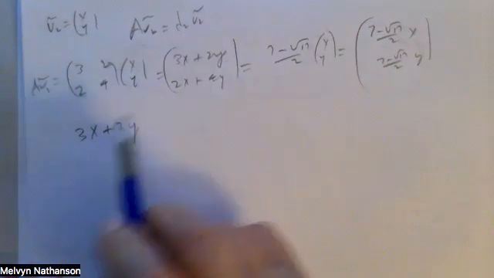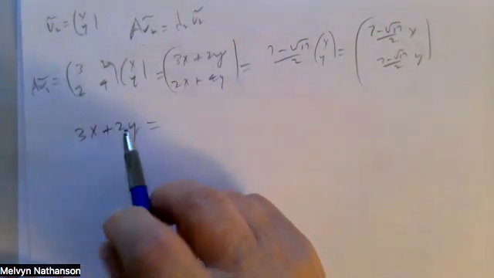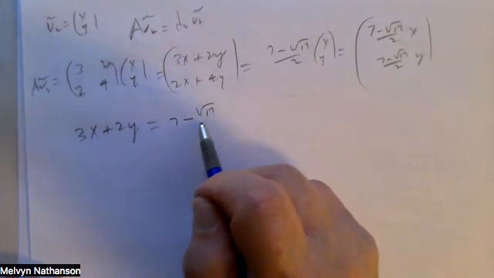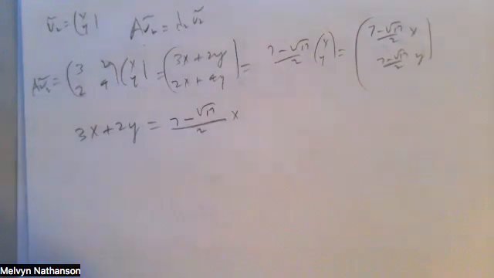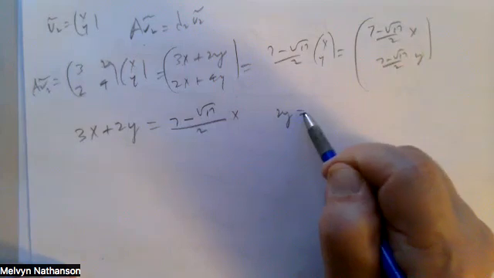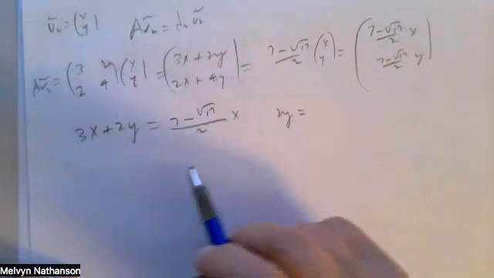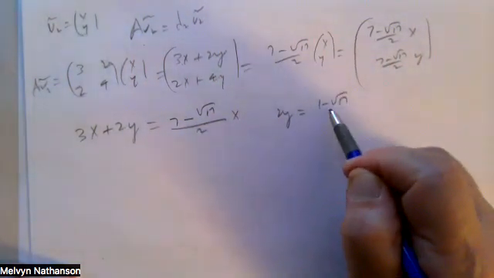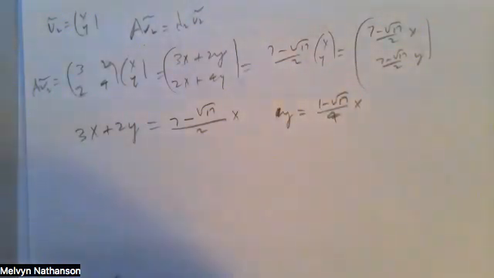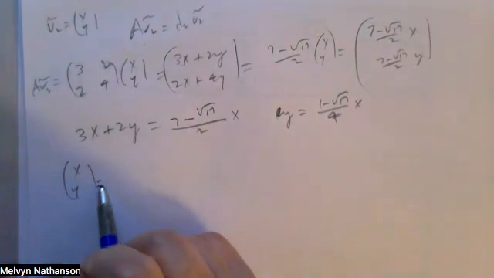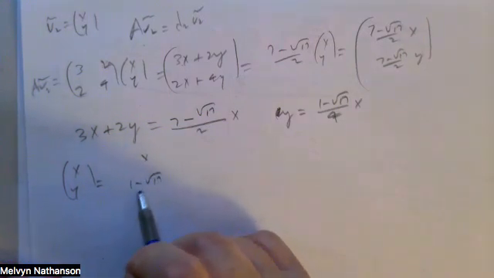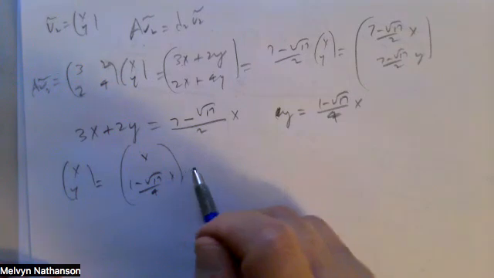The first equation is 3x plus 2y equals (7 minus root 17) over 2 x, which is the same as 2y equals this minus this, which is (1 minus root 17) over 2 x, or y is this over 4. So my vector (x, y), for any x, is ((1 minus root 17) over 4 x).